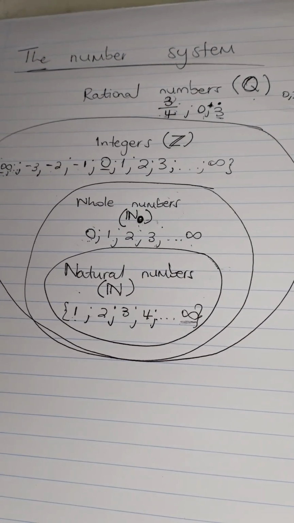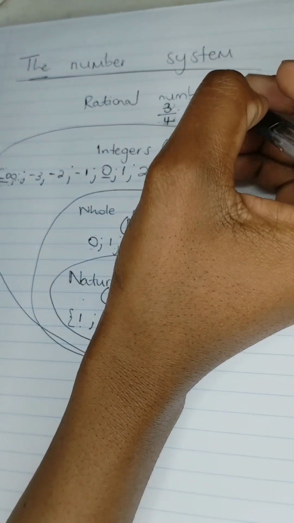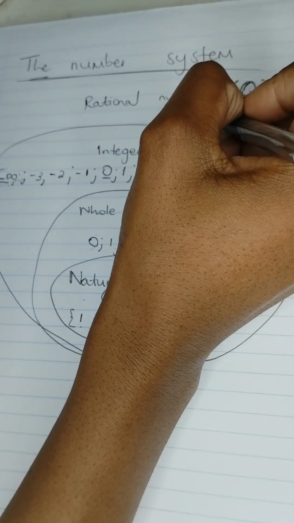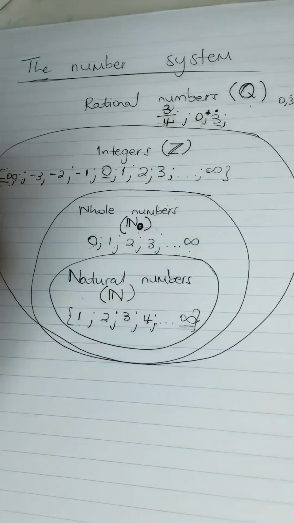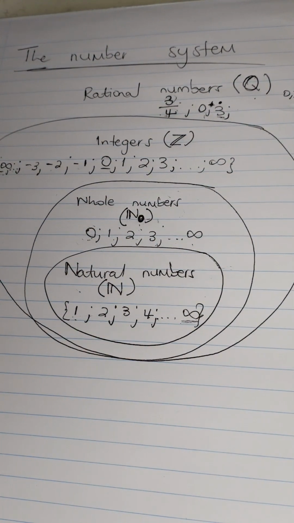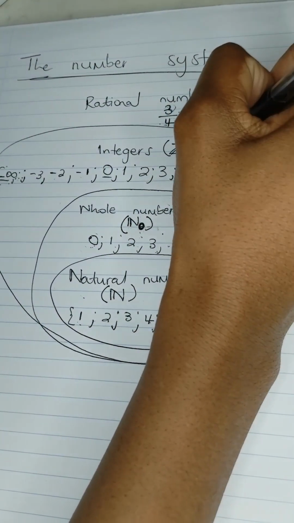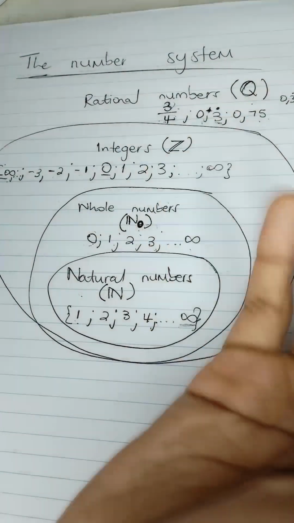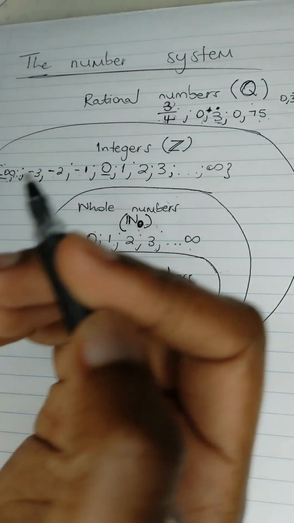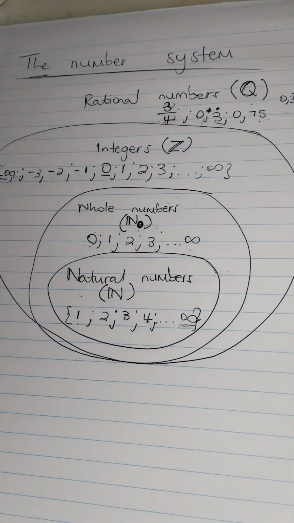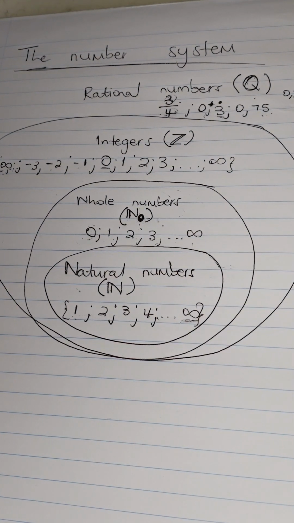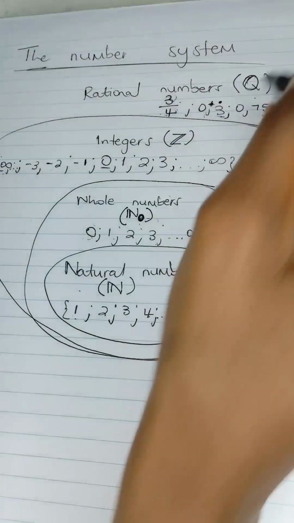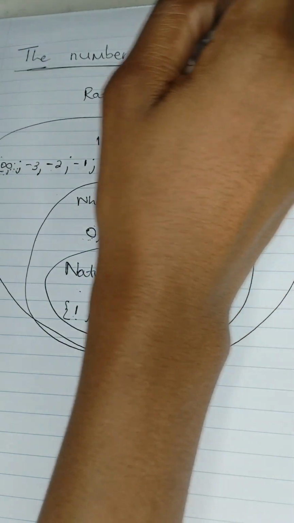Another thing that defines a rational number is a decimal that terminates, meaning it's a decimal that ends. For example, 0.75. You see, there's an end, meaning that this decimal is terminating. Now this is our rational number system.